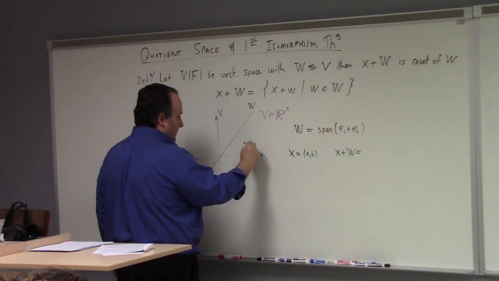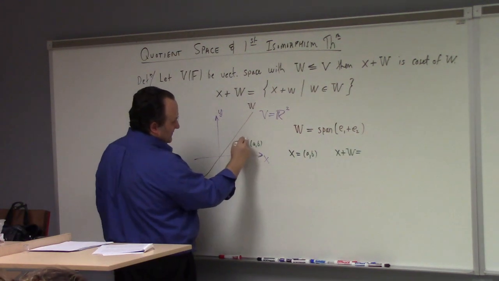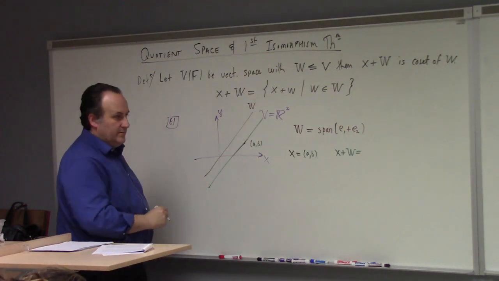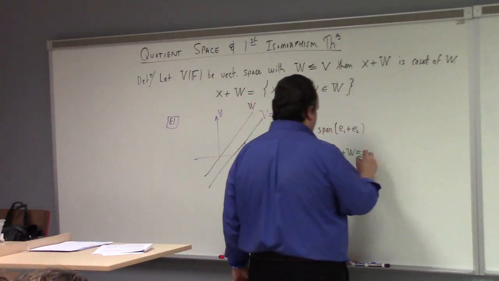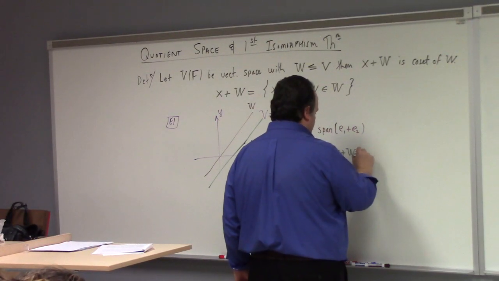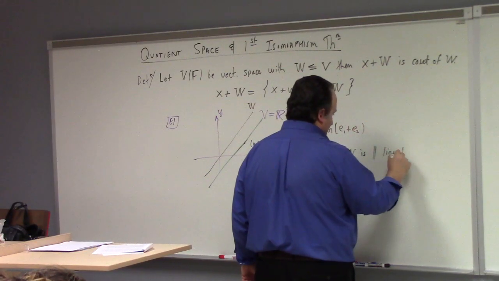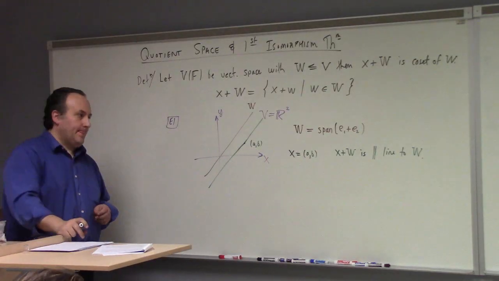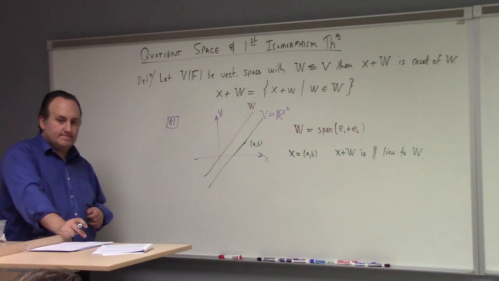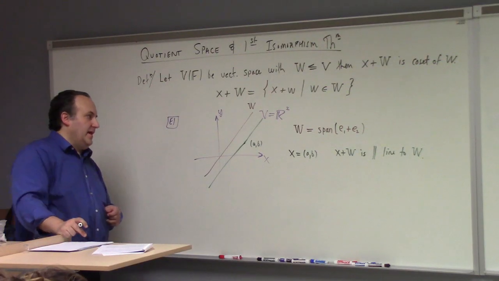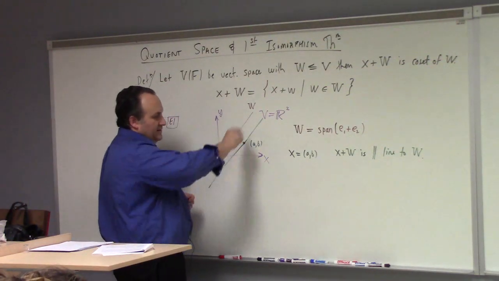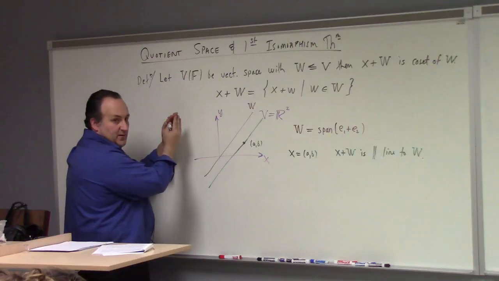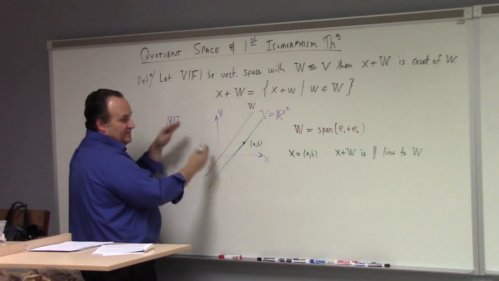It's a line parallel to W. And if we adjust the values of a and b, we're going to get all possible parallel lines, and they'd fill out the plane.